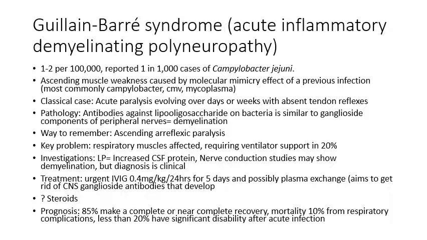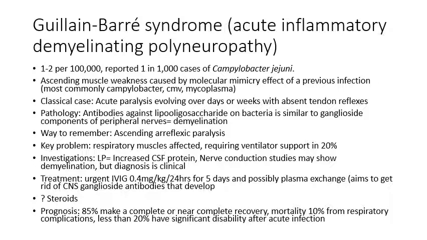To summarize it, it's known as ascending areflexic paralysis, and this is because you get a unique phenomenon called molecular mimicry, where the body attacks and mistakes our own cells, namely our myelin and oligosaccharides involving our spinal cord. Our body mistakes them for some of the antigens that would be represented on the Campylobacter that we've been previously infected by.